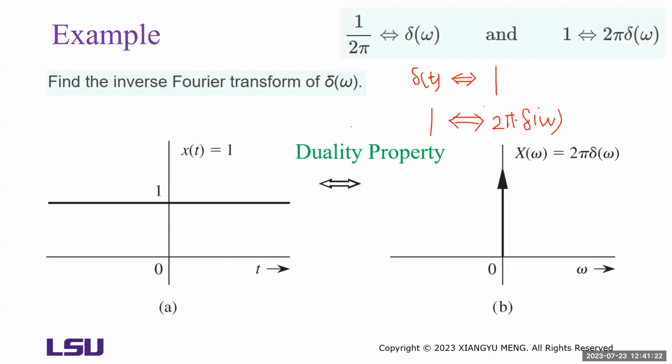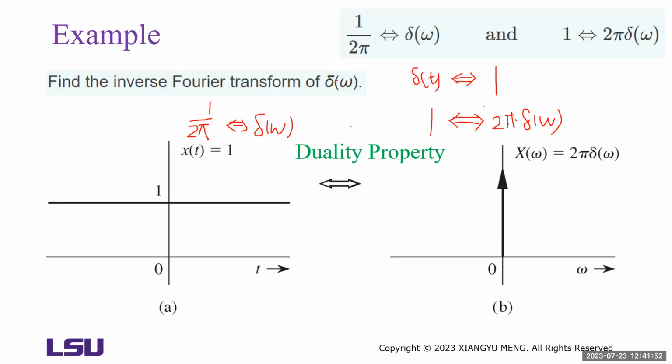Therefore, the inverse Fourier transform of delta omega will be 1 over 2 pi, by using the linearity property.